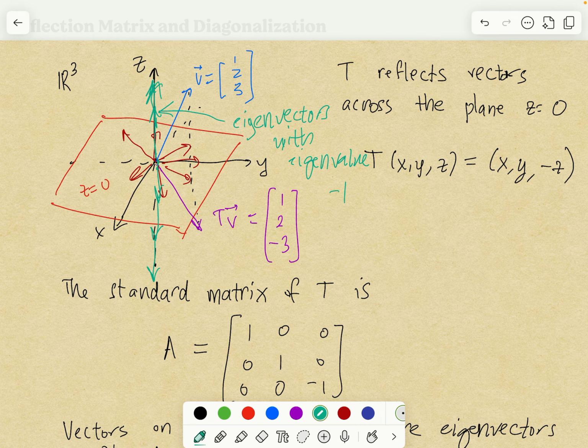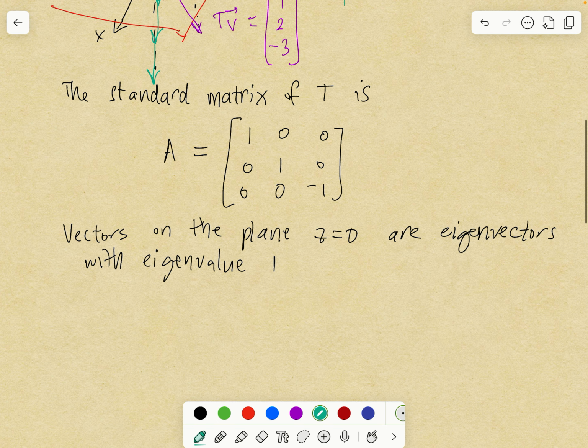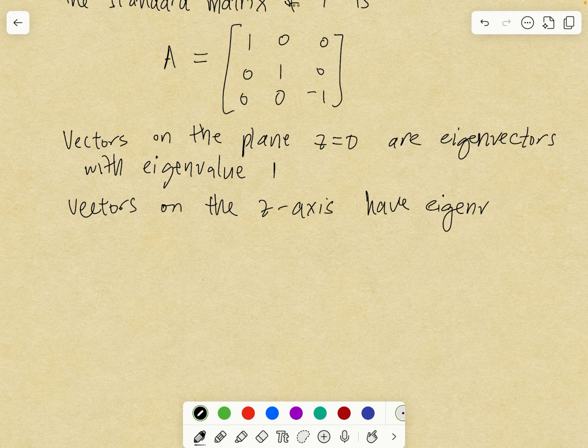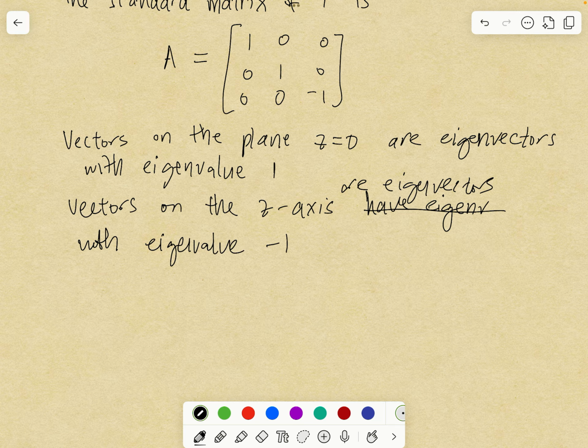So those are the eigenvectors with eigenvalue negative 1.